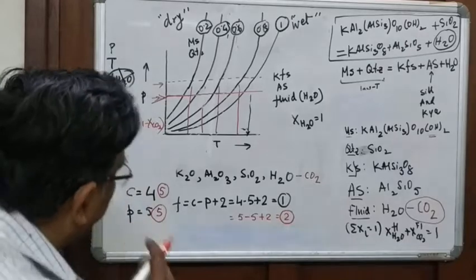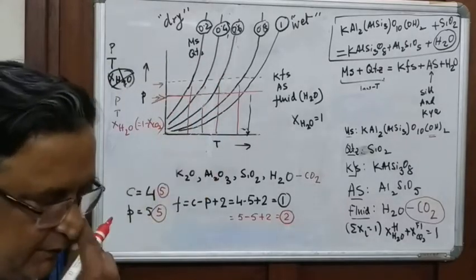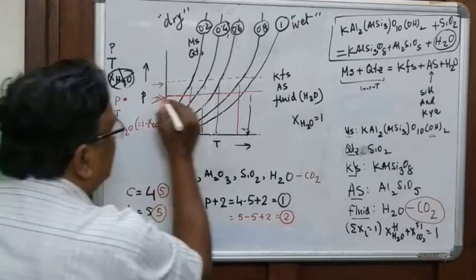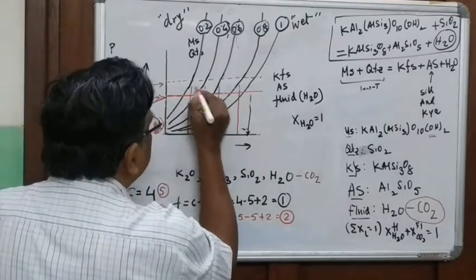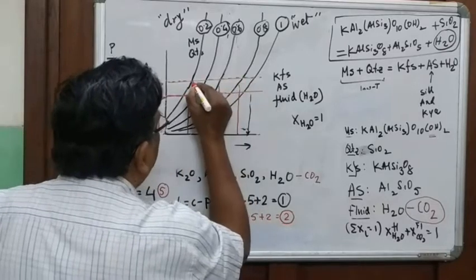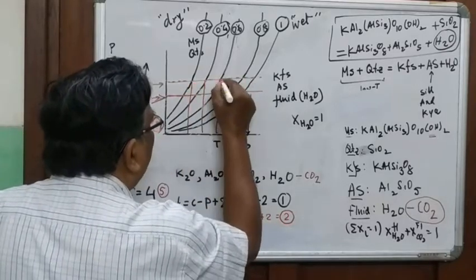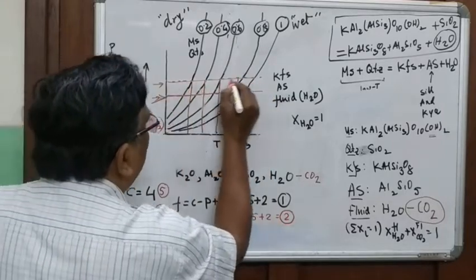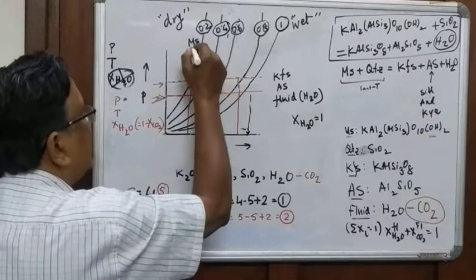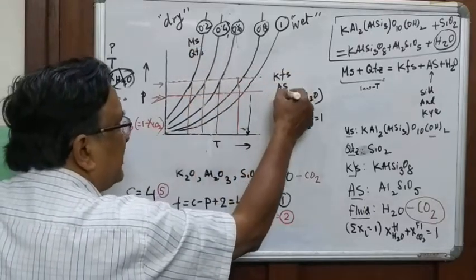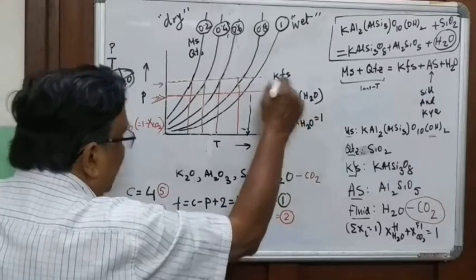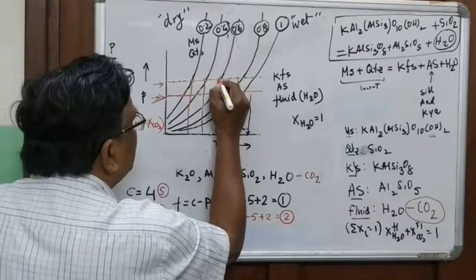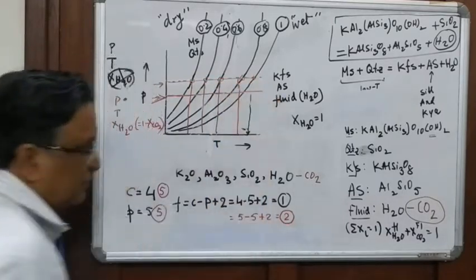What happened is, in the last lecture that we were talking about, we said that we can put in a value of pressure, and if this is the pressure value, and I draw vertical lines, at this pressure value, the muscovite plus quartz equals K-feldspar plus aluminosilicate plus fluid curve is intersected at several points, 1, 2, 3, 4, 5, and so on.